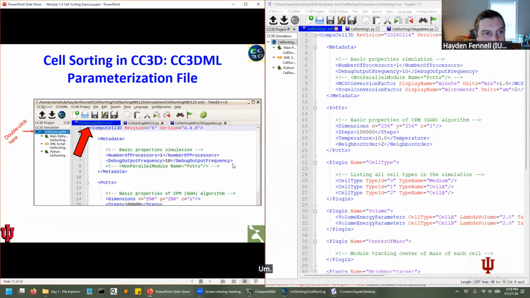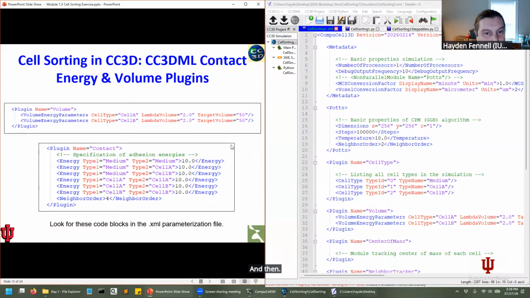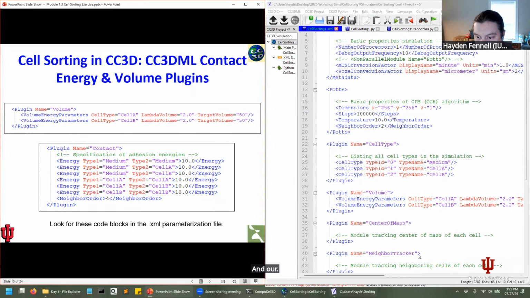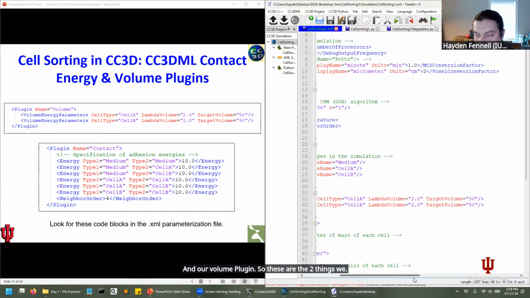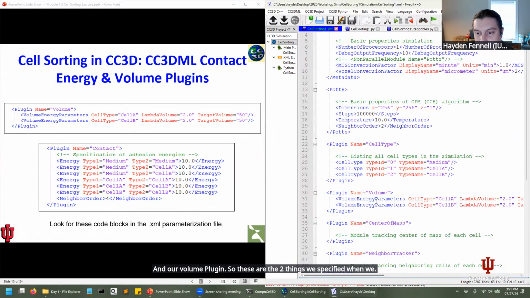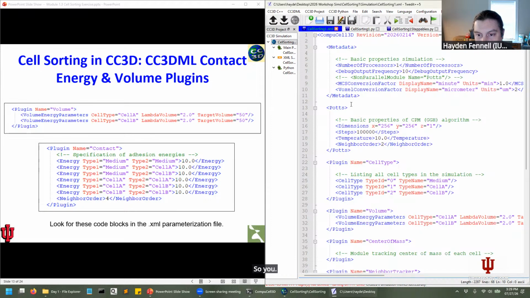And then there are 2 things we want to highlight here. We have our contact energy and our volume plugins. These are the 2 things we specified when we walked through the wizard earlier. In your plugins, you'll have these tags that say plugin name equals.